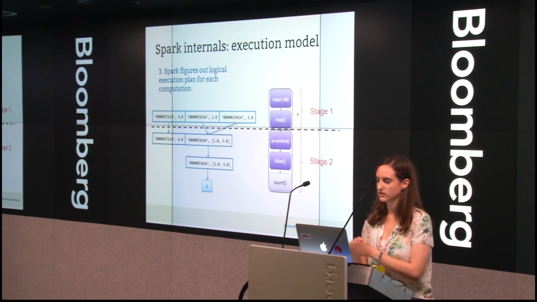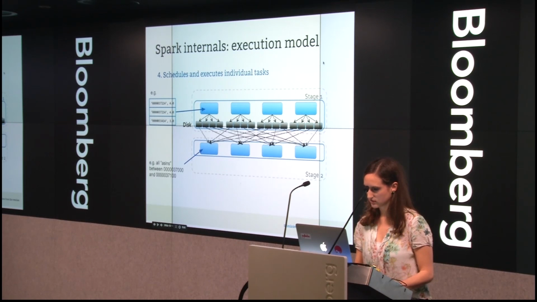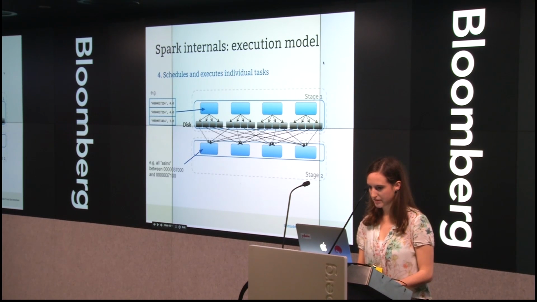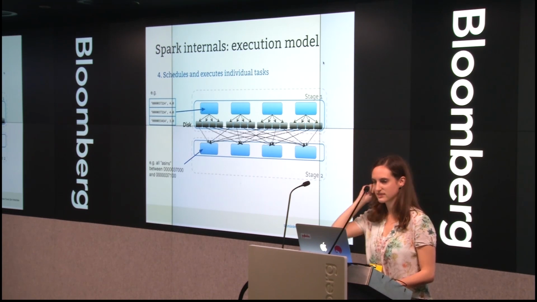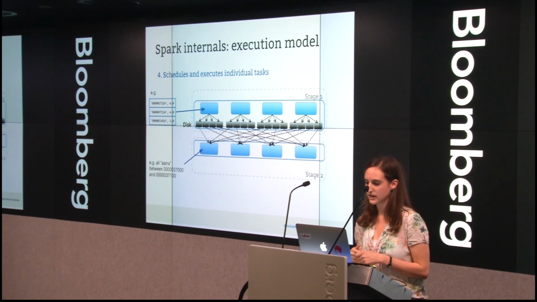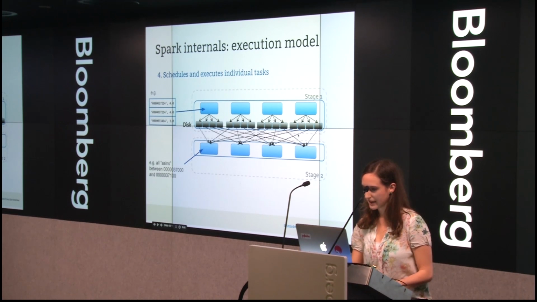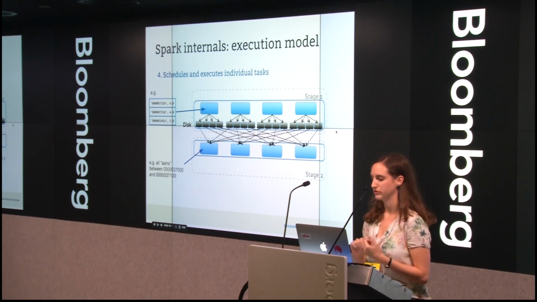And you can only start the next stage when the first one is finished, right? So that's all I wanted to say. And then once it has done this optimization, it schedules the tasks and executes them, okay? And this is a shuffle, okay?